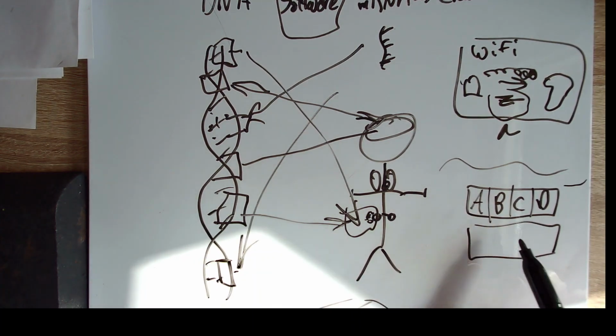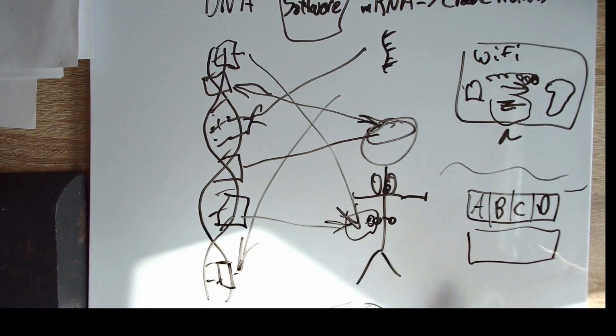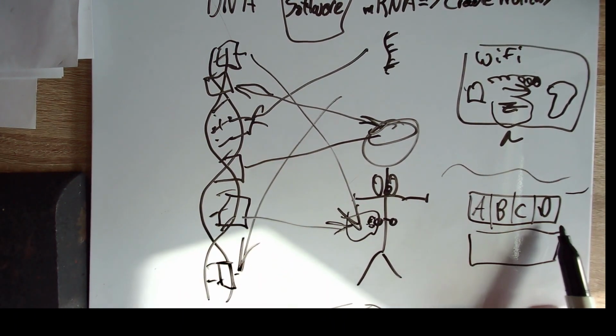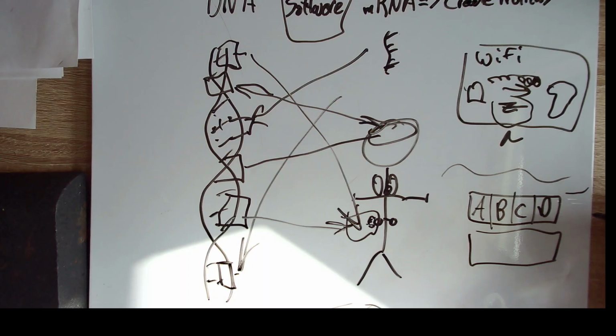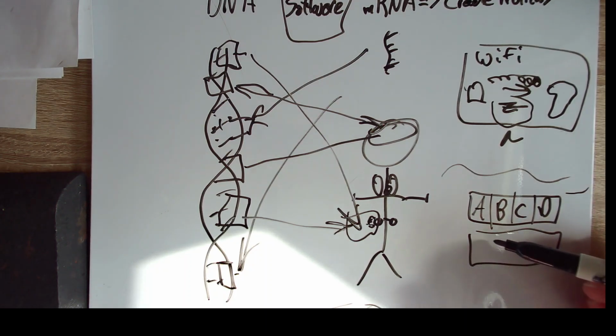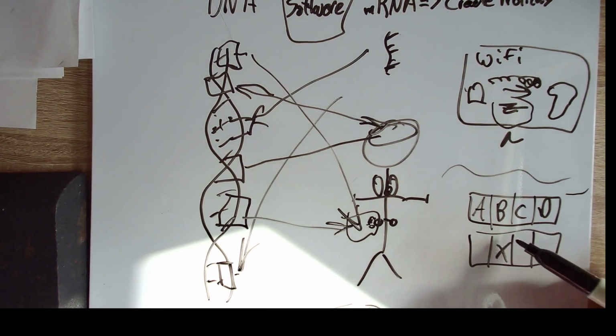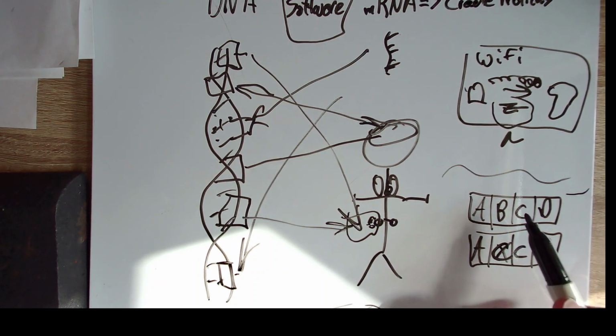It's not the acids or the base pairs. I'm just trying to distinguish four different things. If I want to make a copy of A, B, C, and D, I would expect to get back A, B, C, and D, right? But sometimes one of these will get mixed up. Let's say the B becomes a C. So we'll have A, C, C, D. So this is a bad copy.